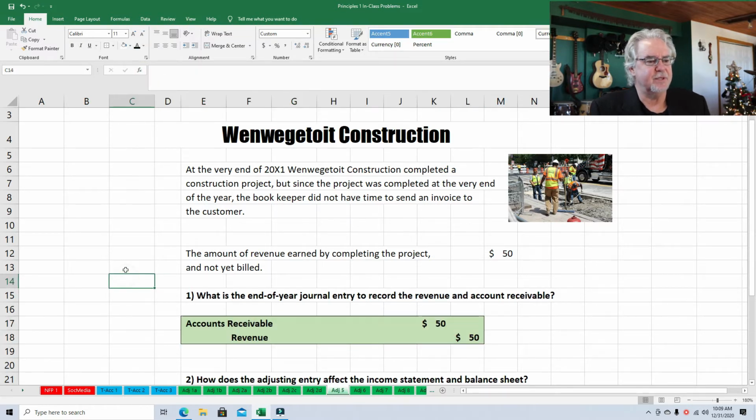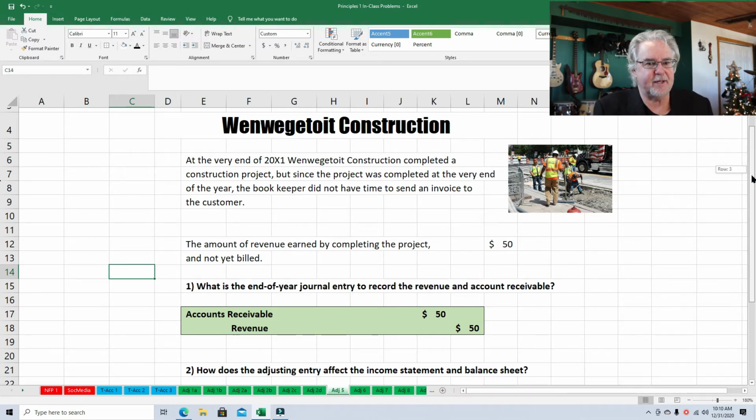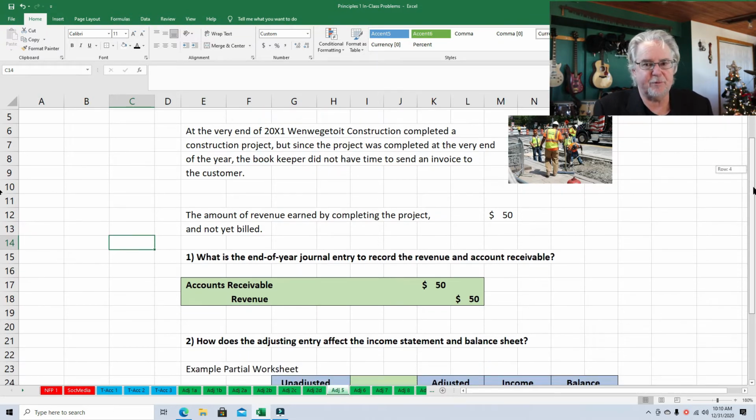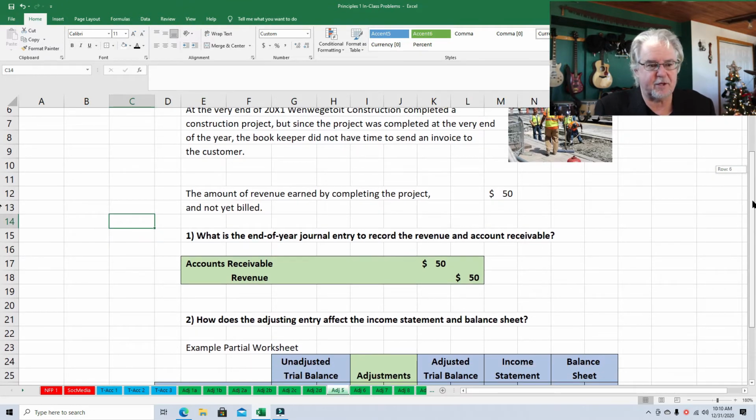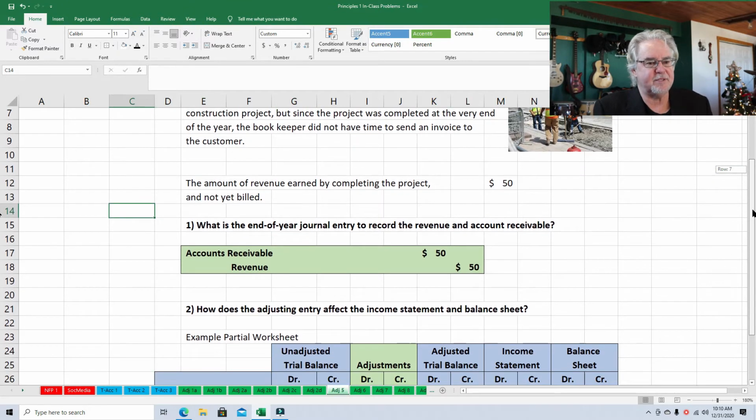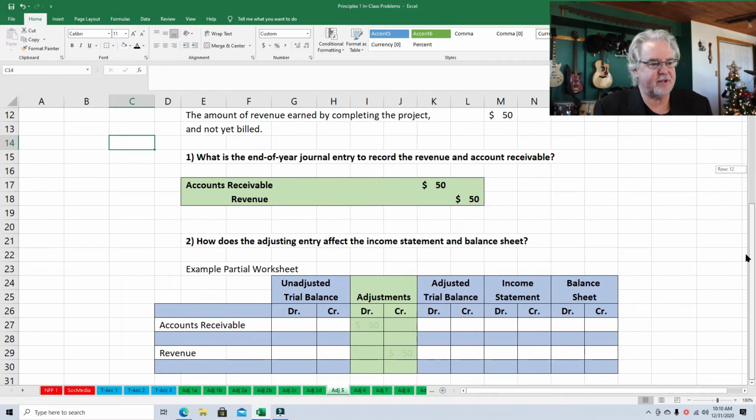The accountant would debit accounts receivable for $50 and credit revenue for $50. This will get the books up to date, showing that they completed a job and they're owed money. Of course, we're using little numbers, and in real life, maybe it would be a contract for $500,000 or something, so it would be very significant.